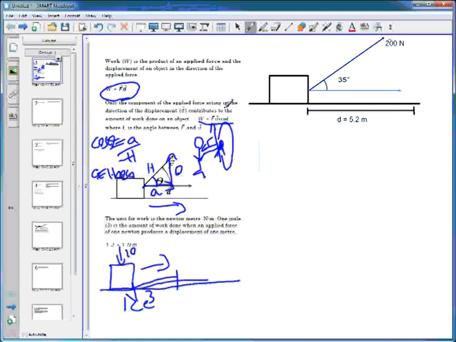So we want to find out what the work is. Work equals force times cos theta, to get the horizontal component of the force, times the displacement, which equals 200 newtons, rounded to the nearest 10, times cos 35 degrees times 5.2 meters.